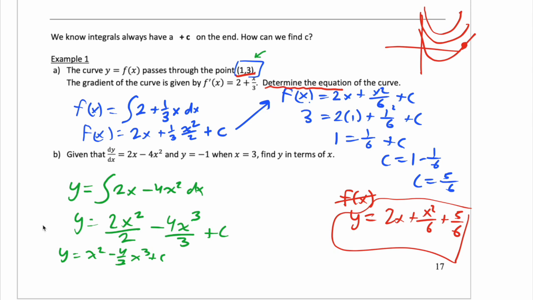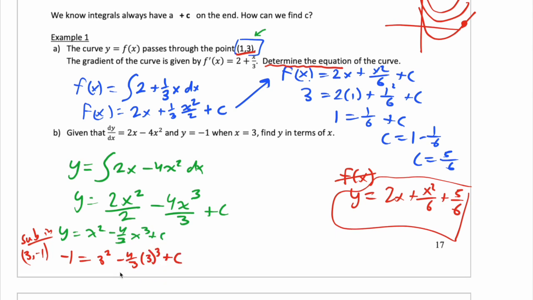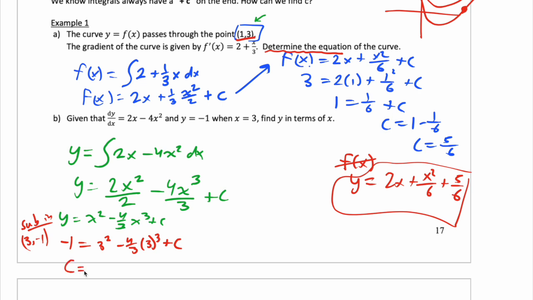We sub in the point, which is 3, -1. So -1 equals 3 squared minus 4/3 times 3 cubed plus c. And I'm going to write c equals -1 minus 3 squared plus 4/3 3 cubed, and just type that into my calculator.